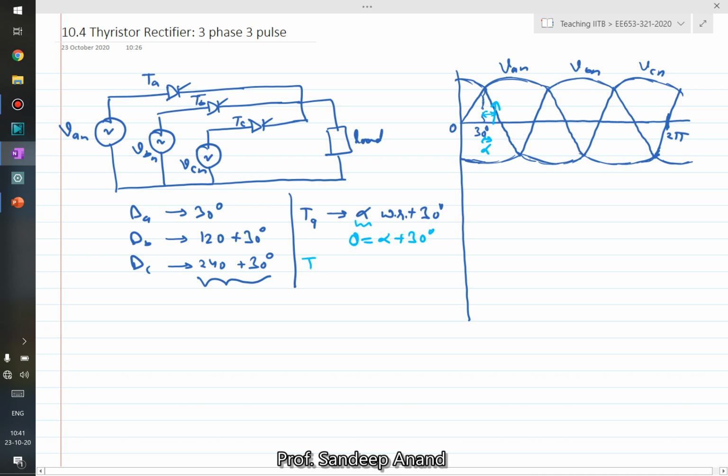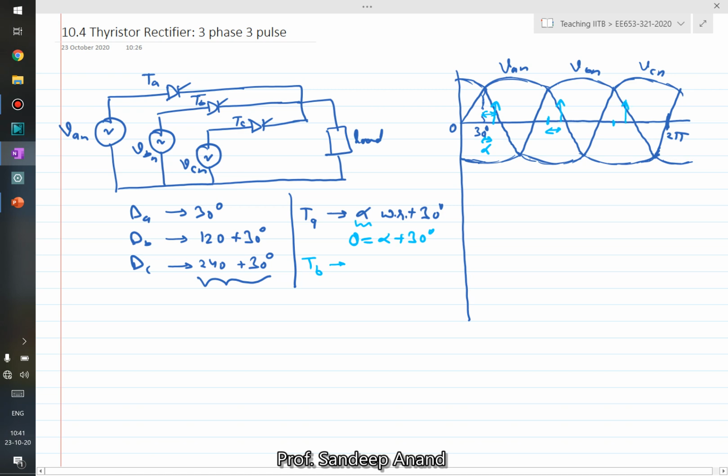Now similarly, you can see TB would be fired later; natural conduction of B would have happened here, so now it is alpha later. So this is alpha, right? And for C, again, naturally it would have started conducting here, so if it's a thyristor, it is fired alpha later.